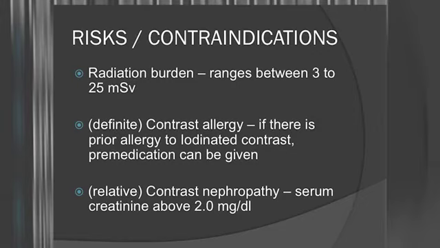So if the serum creatinine is above 2, then the contrast can induce or worsen renal dysfunction, what we call contrast-induced nephropathy. So that becomes a relative contraindication. However, there can be certain risk-benefit scenarios where we may override this or follow it up with dialysis, to remove the contrast from the circulation.